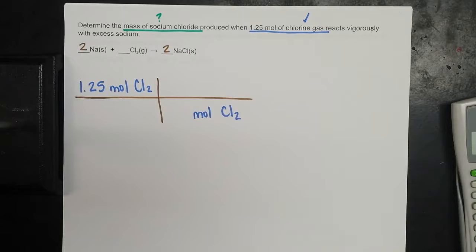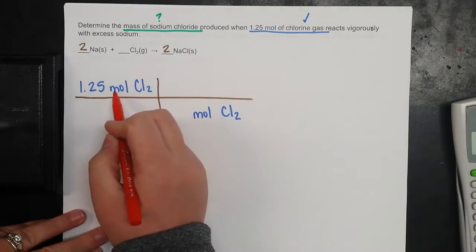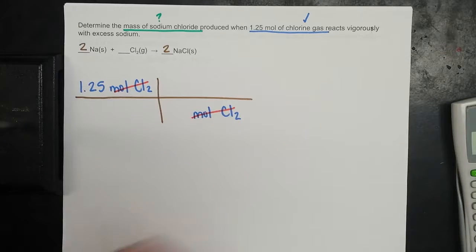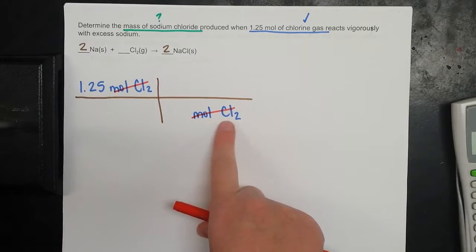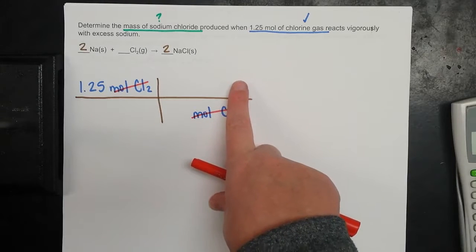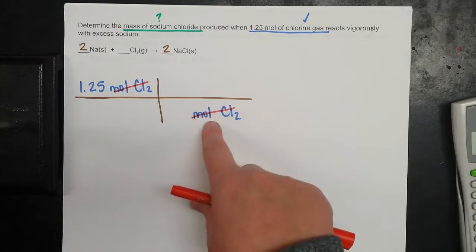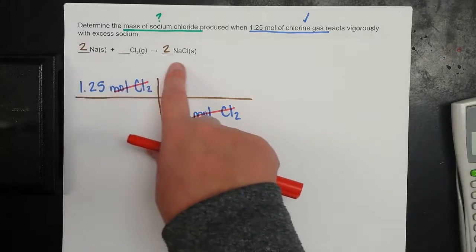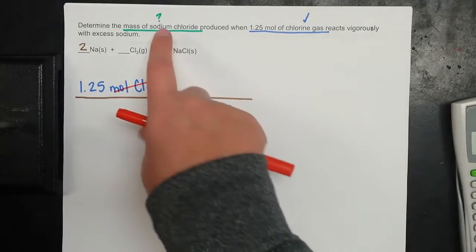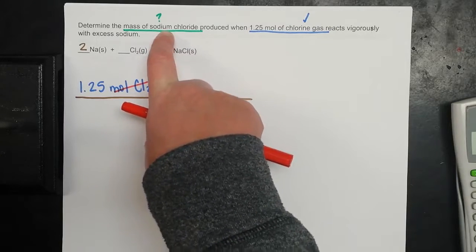And I know that that will cancel out moles of chlorine, so I've canceled my unit and substance. The only thing that I can do if I've got moles of chlorine here in the denominator is either find other information like mass or particles of Cl2, or I can use the mole ratio using my balanced chemical equation to get out of chlorine and into, say, the substance that I'm being asked to find, sodium chloride.